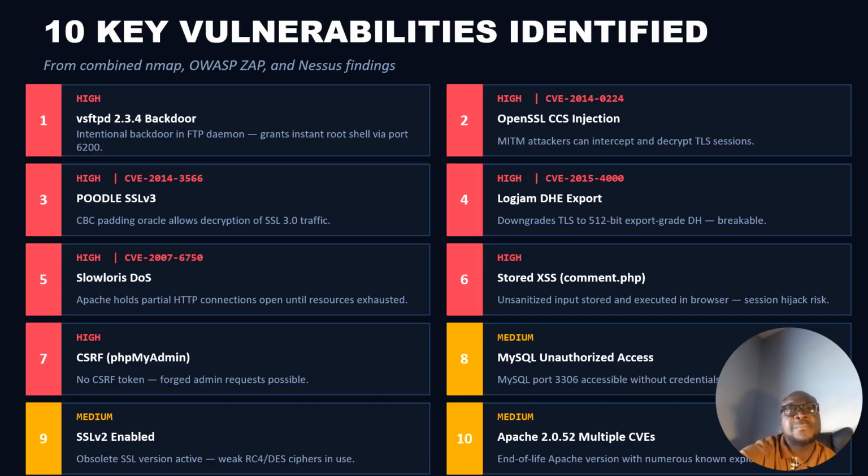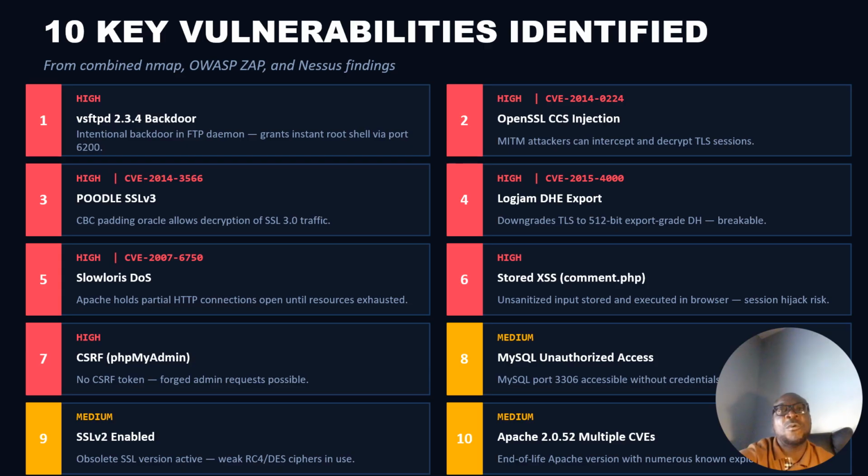Here are the top 10 most significant vulnerabilities found across all 3 tools. The most critical is the vsftpd 2.3.4 backdoor, a deliberate backdoor that was injected into the official source code in 2011 and grants immediate root-level shell access through port 6200.